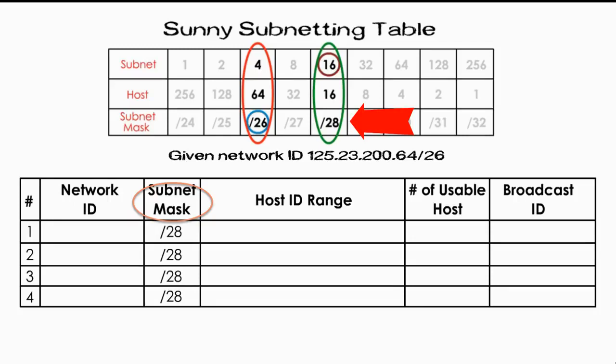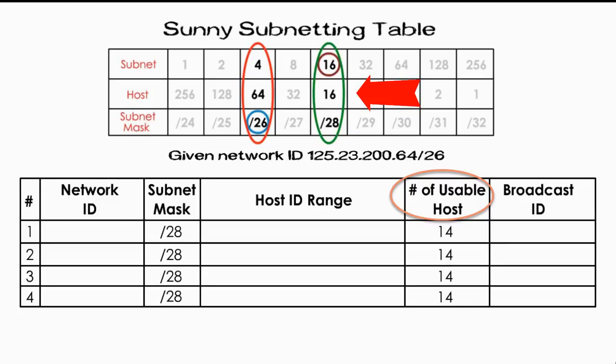Remember, the original subnet mask is /26. Let's move to the number of usable host IDs. From Sunny table, the total host IDs is 16. But we must subtract 2. And we get 14 usable IDs for each subnet.